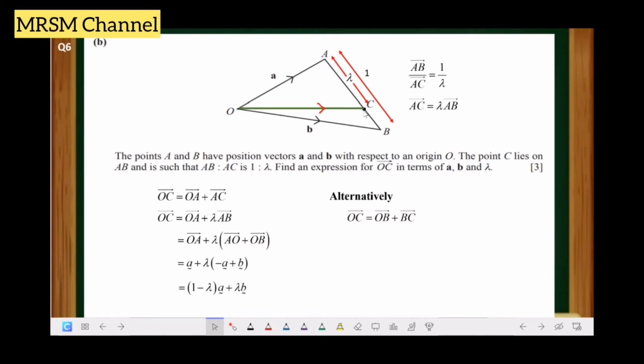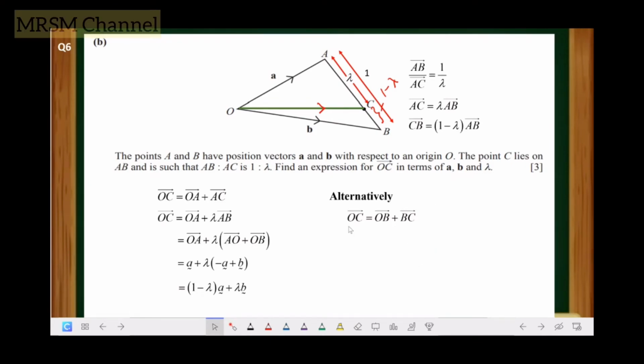But BC, we don't know. We know AC is lambda, and AB is 1. It means CB is 1 minus lambda. If AC was lambda AB, then CB will be 1 minus lambda AB, because here it is 1 minus lambda.